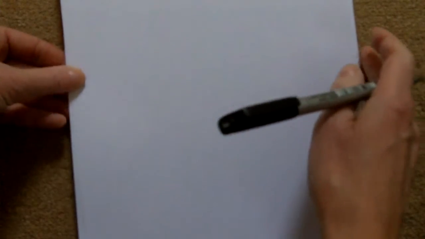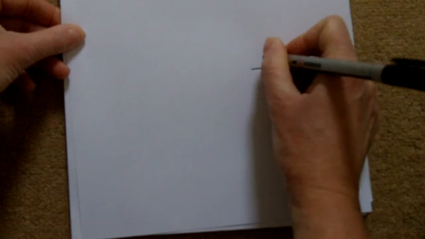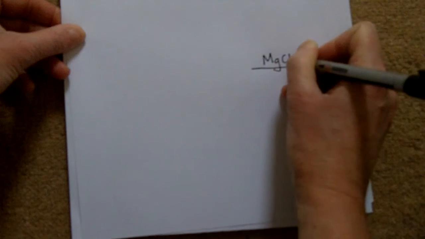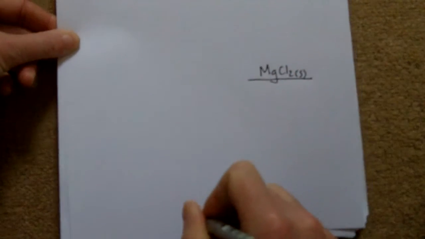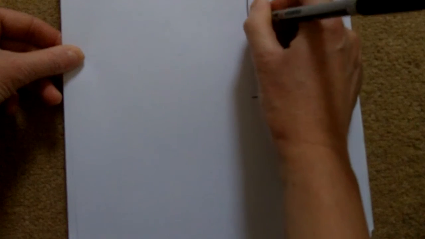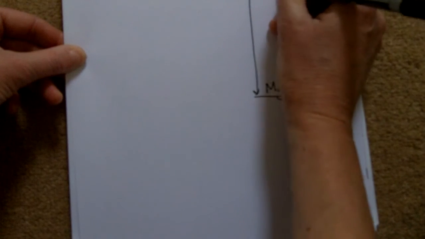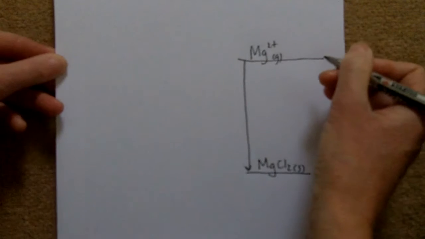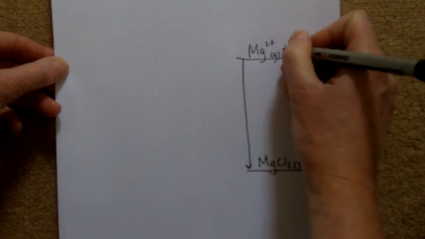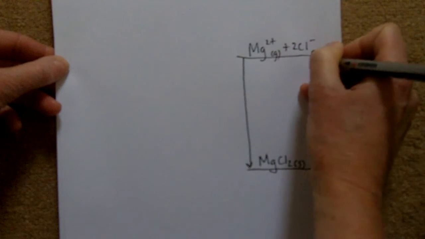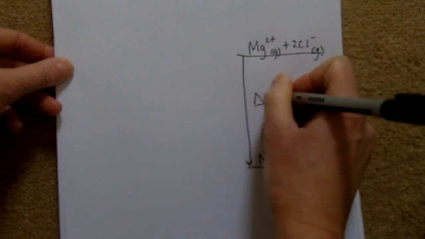I'm going to start quite far down the bottom, down here on the right hand side, and I'm going to draw magnesium chloride. So it's just an enthalpy cycle, solid state. Okay, and then I'm going to draw from the gaseous ions, so can you see that? From the gaseous ions, Mg2 plus plus 2Cl minus gaseous. Okay, that is lattice enthalpy.